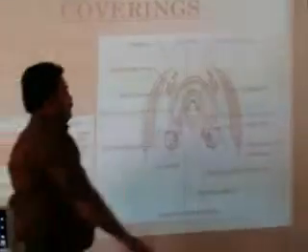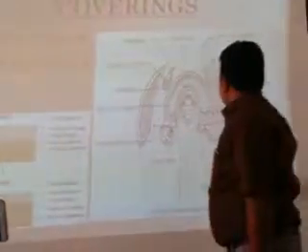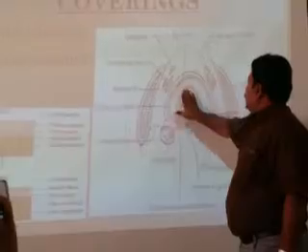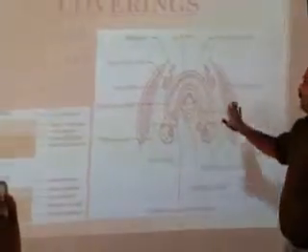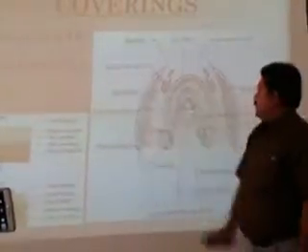And next is coverings of thyroid gland. So it is having two coverings, true and false capsule. So it is a cut section of the neck.